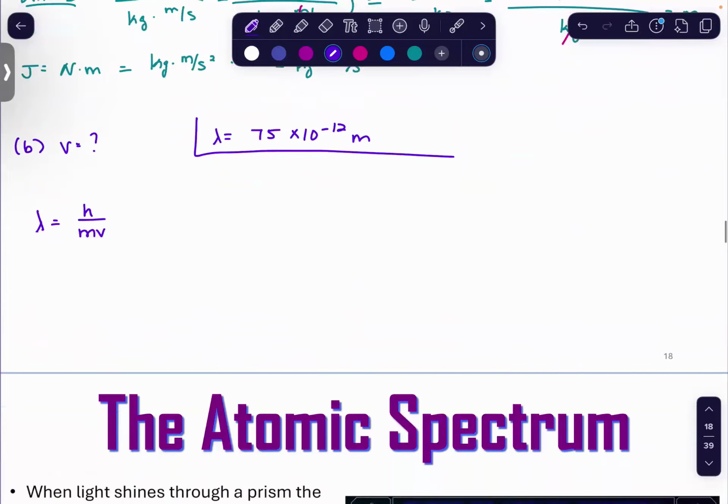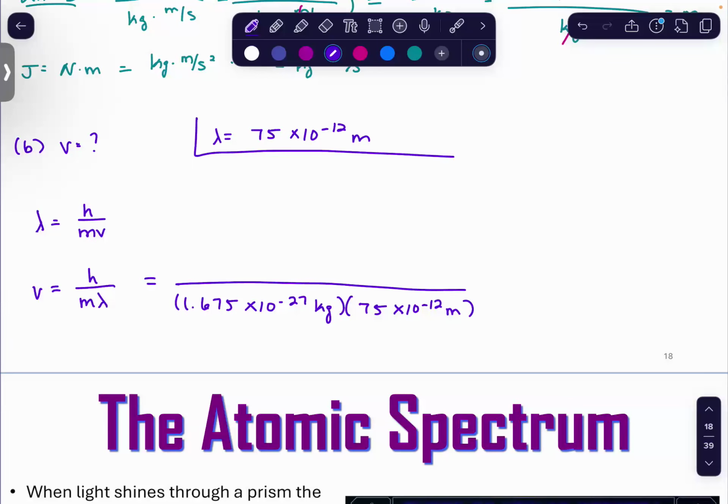We can rearrange that to get v equals h over m times lambda. Our mass, the mass of our neutron, is 1.675 times 10 to the negative 27th kilograms, lambda is 75 times 10 to the negative 12th meters, and h, our Planck's constant, is 6.626 times 10 to the negative 34th joules times seconds.